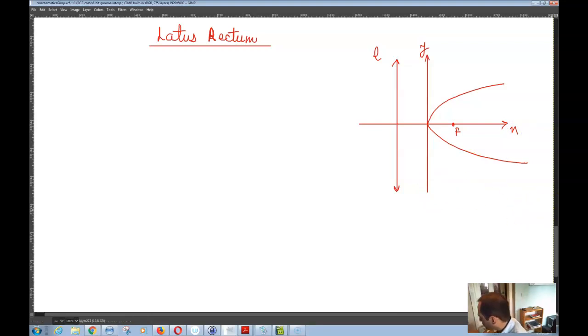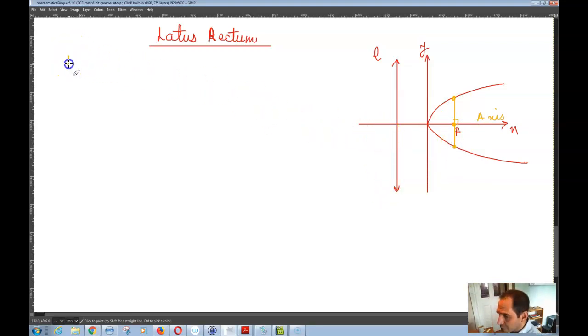The Latus Rectum of your parabola is a line segment perpendicular to the axis of the parabola, meaning this line segment over here, and this is the axis of the parabola. Over here you have the axis through the focus whose endpoints lie on the parabola. So it has a very neat and clean definition.